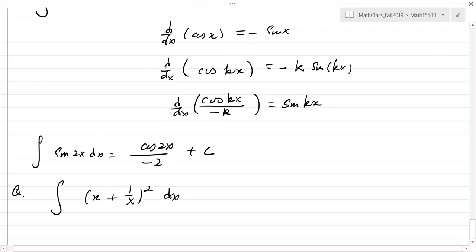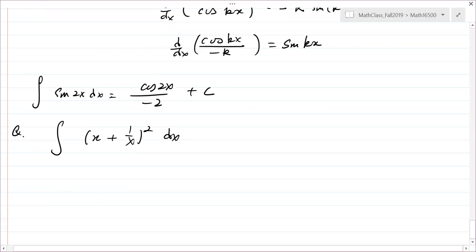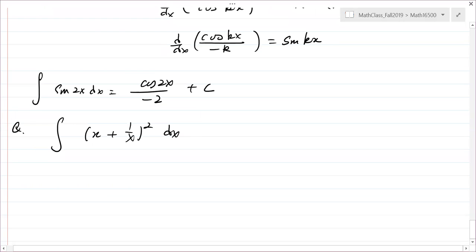How about this? Evaluate the integral of this function. Well, it's a square, so the first thing you have to do is multiply this out.